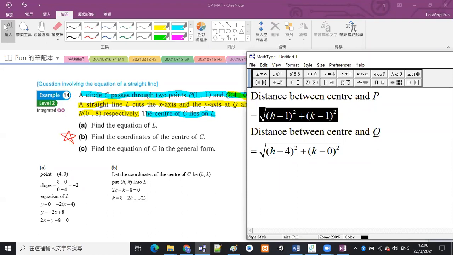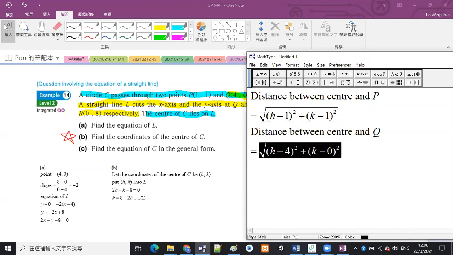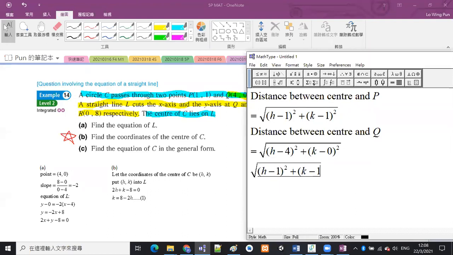So this distance is the radius, and this distance is also the radius, which means that distance 1 should be equal to distance 2.